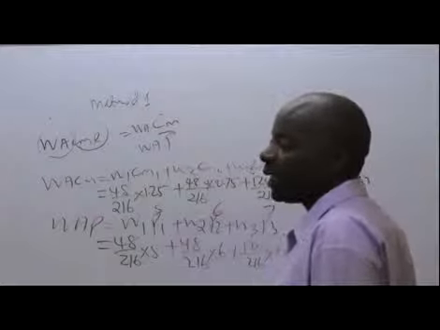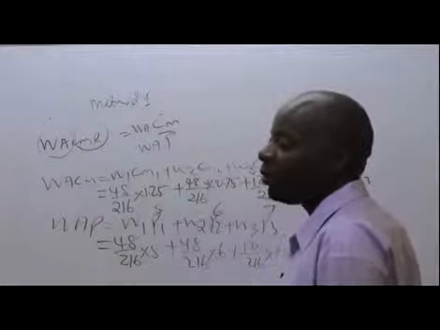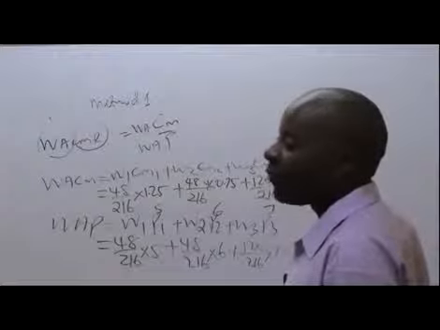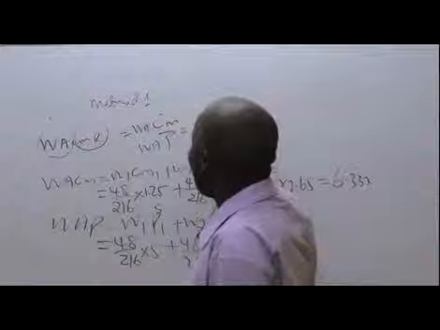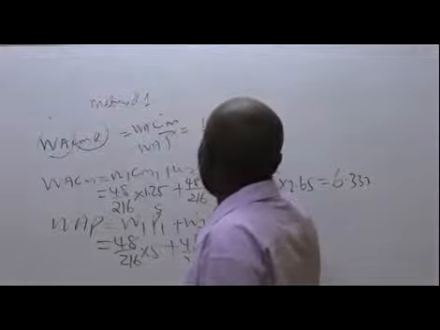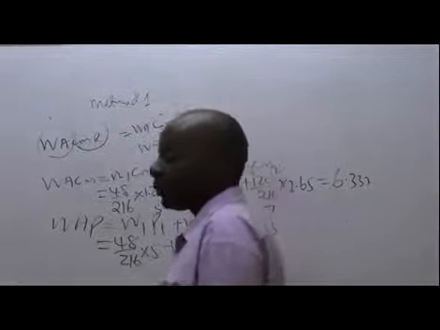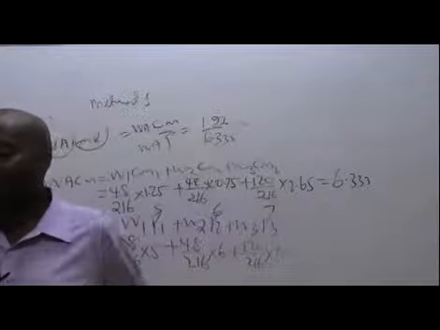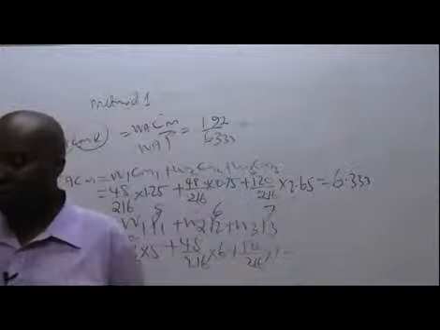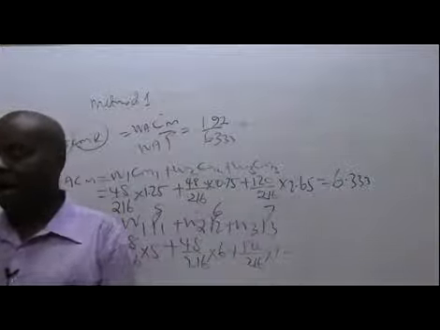6.33. And then if you want to know that we are correct in both methods, save for rounding off errors, say here the WACM is 1.92 over 6.3333. Just try doing that, and then give me the answer for our weighted average contribution margin. Ah, great.